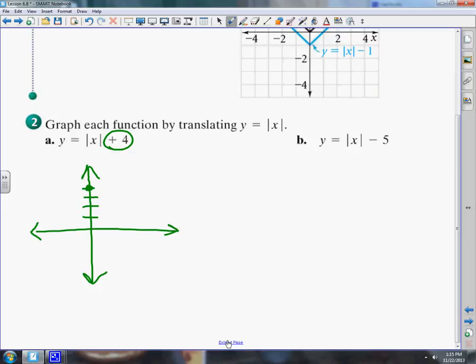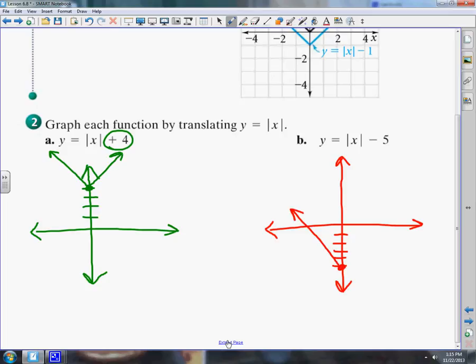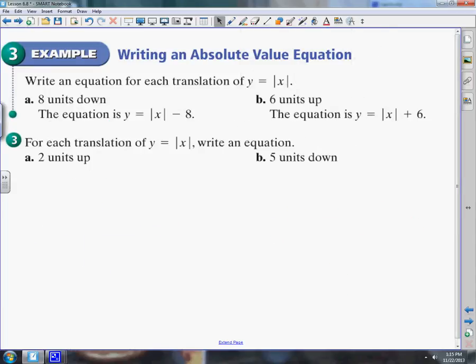This is where I'm going to start, and then I'm going to have my V graph go up from that because it is a positive absolute value of x. If it was a negative absolute value of x, it would go down. Here I'm at -5 and I'm still positive, so it's going up. So those are pretty simple, just a vertical translation.